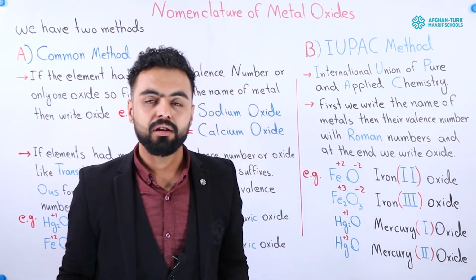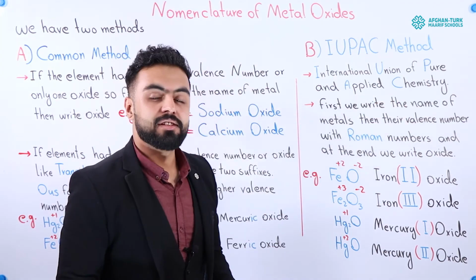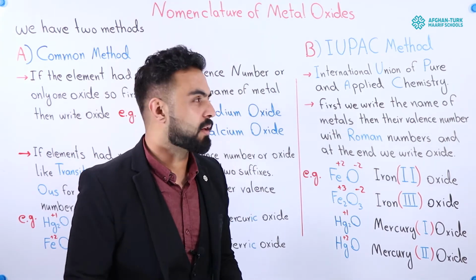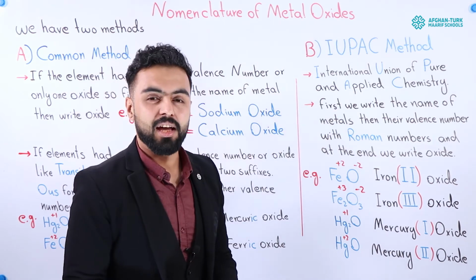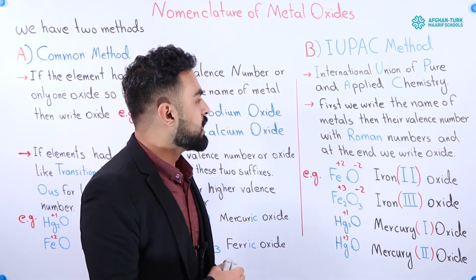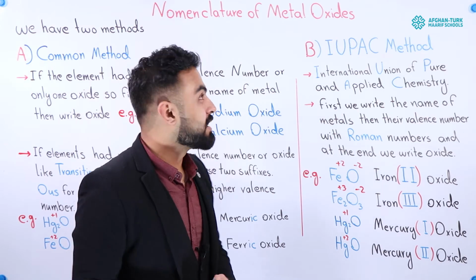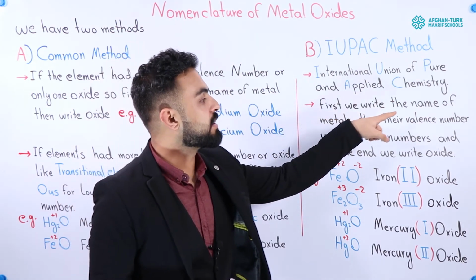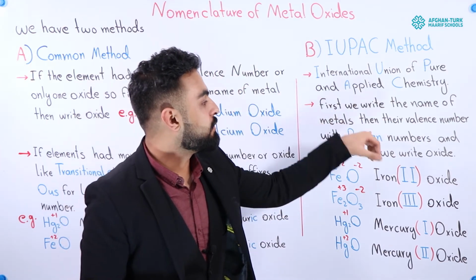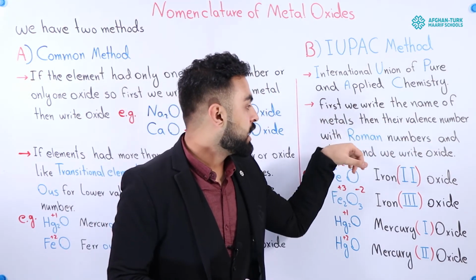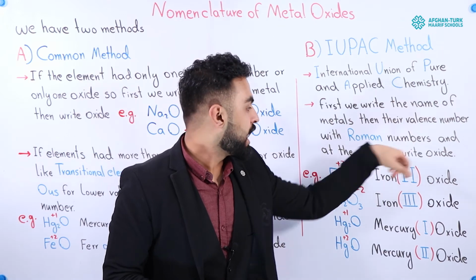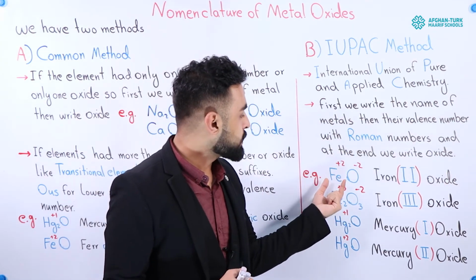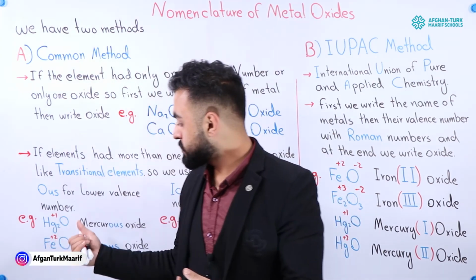It is a union where they decide how to name the elements and everything about chemistry. So, how do we name the metal oxide in this method? First, we write the name of the metal, then its valence number in Roman numerals, and at the end, we write oxide. So easy.